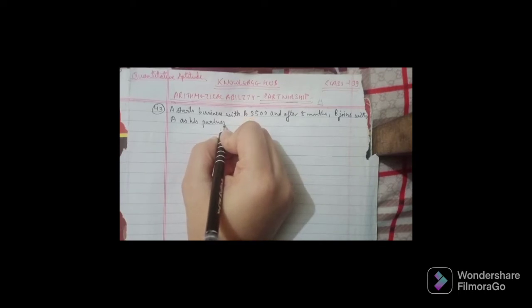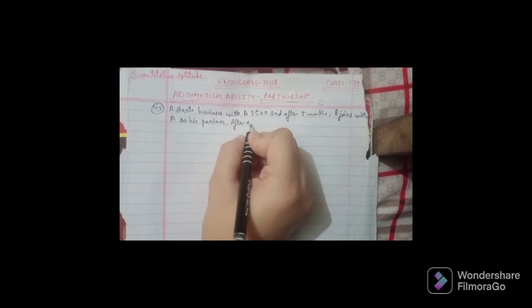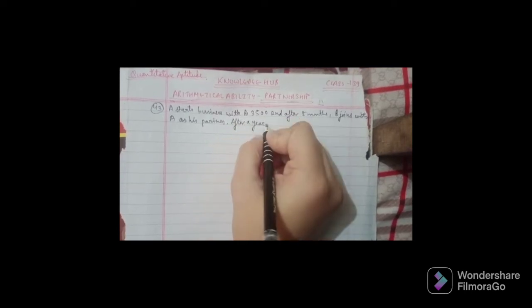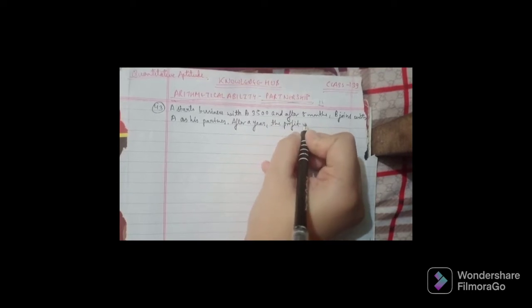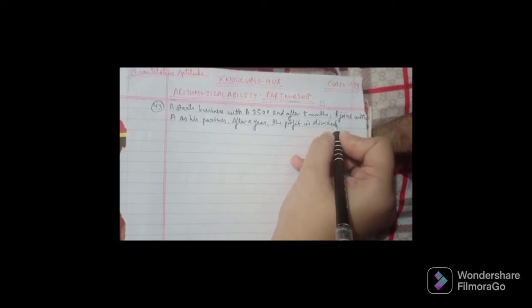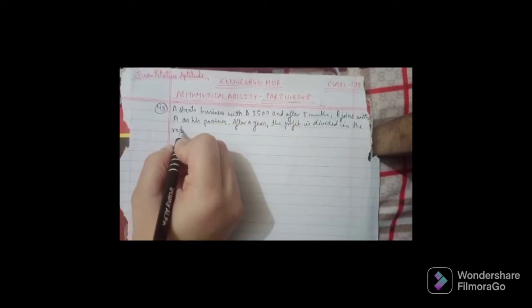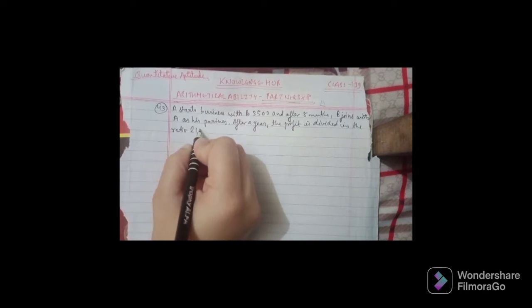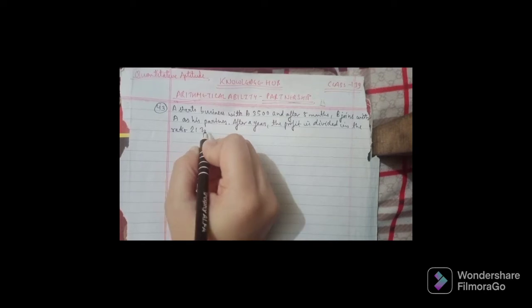After a year the profit is divided in the ratio 2:3. What is B's contribution in the capital?